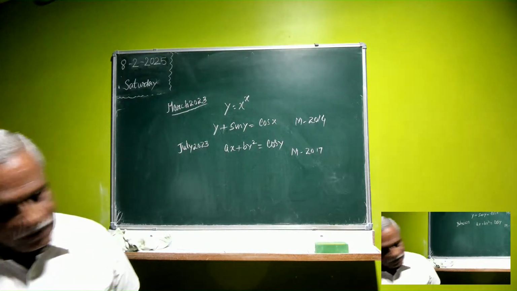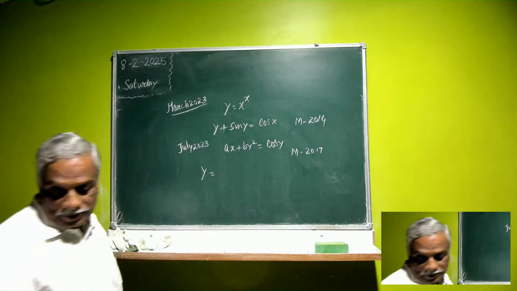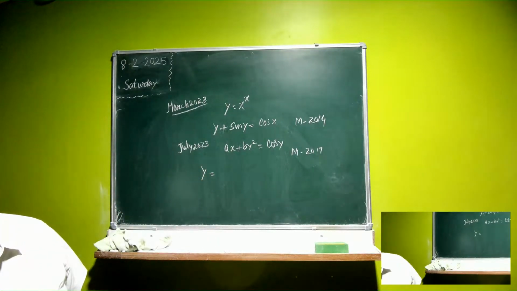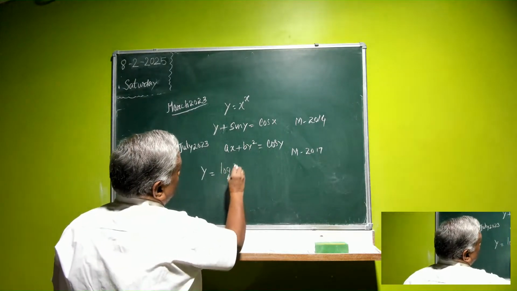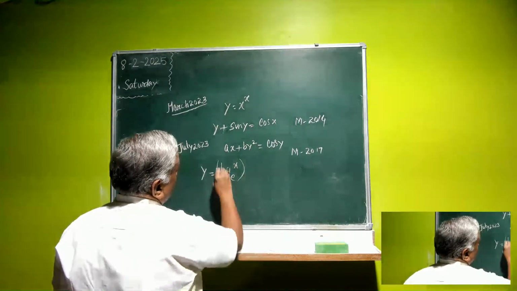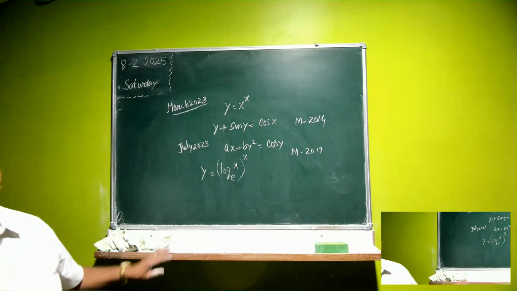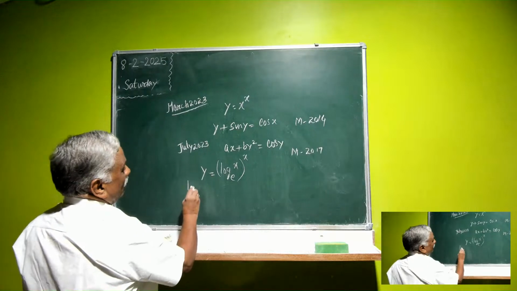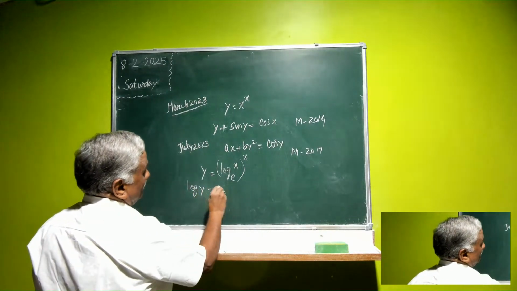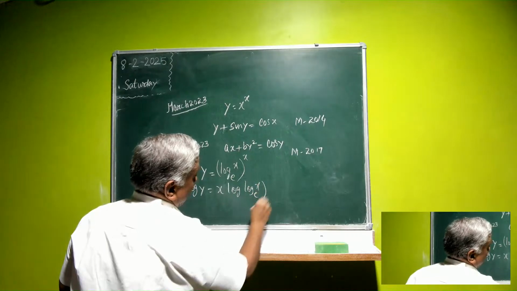Another problem, we are going to work this. They have given y is equal to log x to the power of base e to the power of x. We have to work just because it is, not because it is difficult. We have not worked it, that's all. That's the only reason. So take log on both sides. X log of log x. Basic.